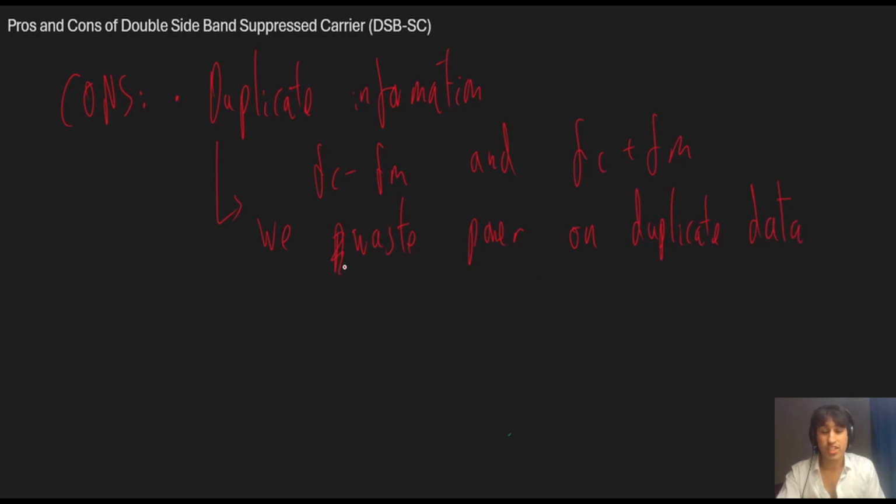And so you actually need, well, if you remember the bandwidth, we actually need 2 times the modulating frequency. So if you look at it like this, that means we need double the bandwidth to send the same data. So that's redundant, is essentially redundant. It's double the bandwidth required for half of the data, half the signal.